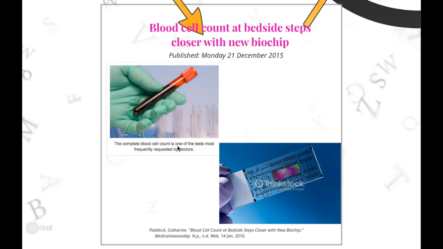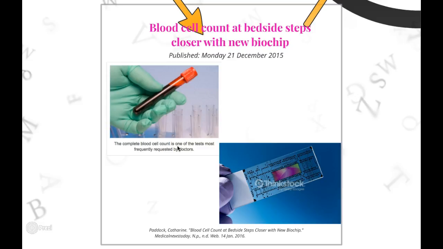But now, a new biosensor based on the microfluidic biochip promises to cut the need for a lab and bring the test to a patient's bedside. The innovation could make the diagnosis and screening of hundreds of diseases and treatments faster, easier, and cheaper.